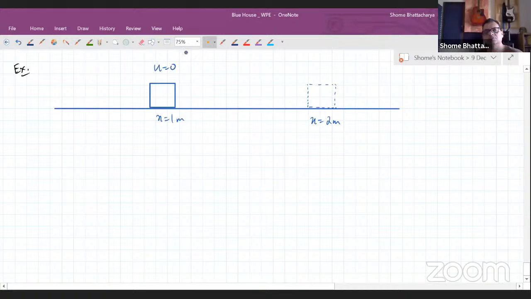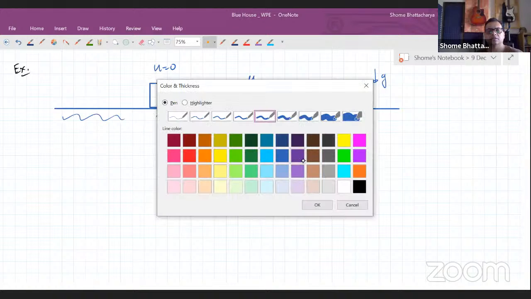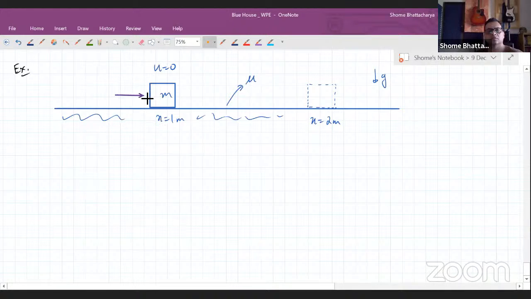Initially its speed is 0. This surface has a coefficient of friction mu, and acceleration due to gravity is like this. Now we are applying an external force on it, which is variable and horizontal in direction.